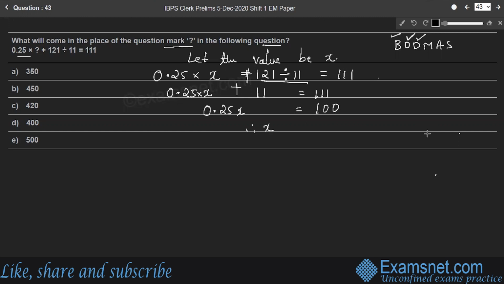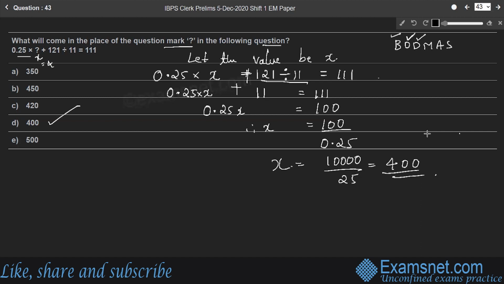Therefore, x is 100 by 0.25, which is equal to 10,000 by 25, which is 400. Therefore, the answer is option B. So the value of x is 400 here. Therefore, this x should come in place of question mark. x is equal to 400.